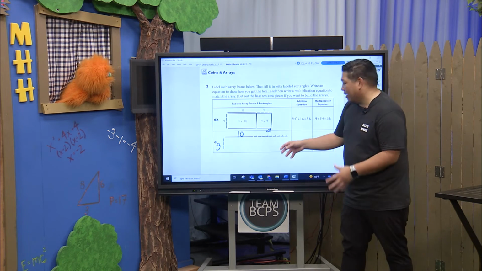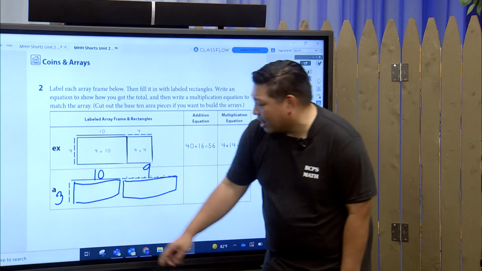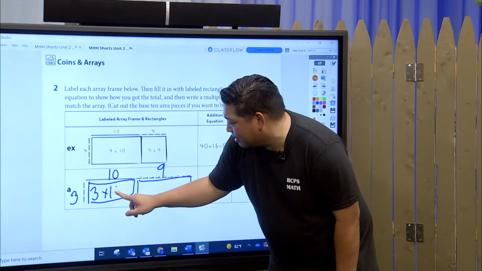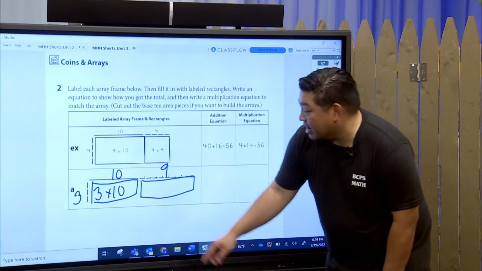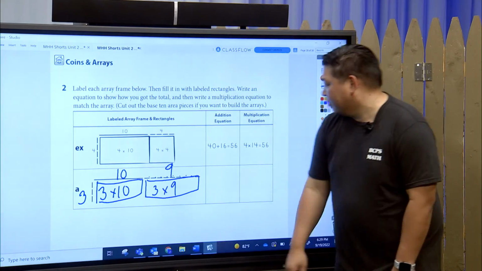Okay, so just like in the labeled array frame and rectangles here, we can now build a rectangle based off our arrays. So here, we're going to build a rectangle, and then we're going to build another one out here. So in this first rectangle, we know we're going to have 3 times 10. In the next one, we're going to have 3 times 9.